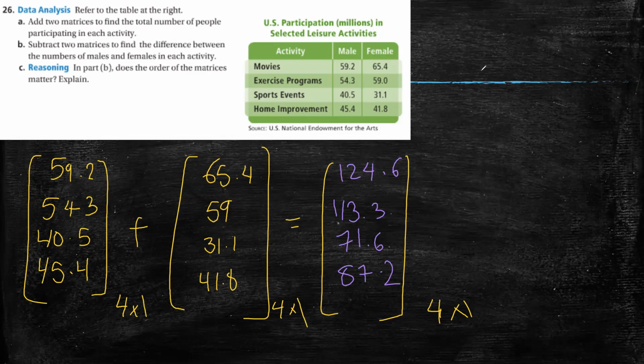Subtract the two matrices to find the difference between the numbers of males and females in each activity. Let's see now the number of females and males for them.